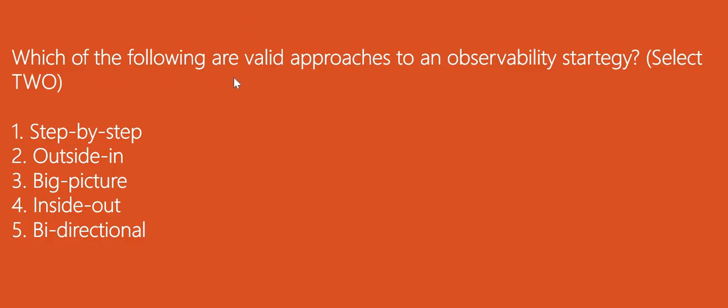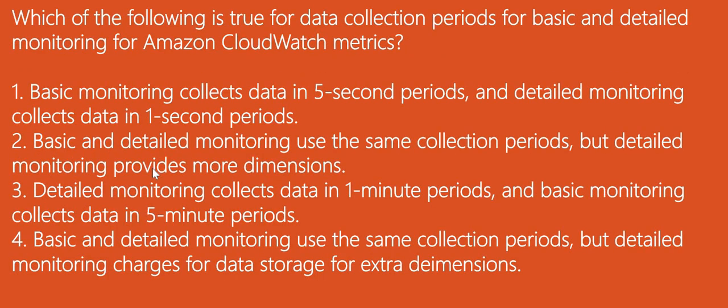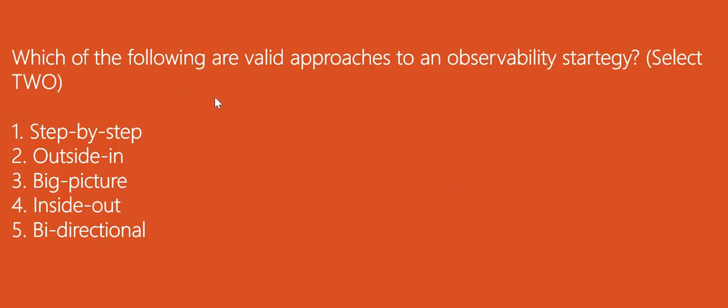Now the third question is: which of the following are valid approaches to an observability strategy? Select two. So first, understand what observability is.